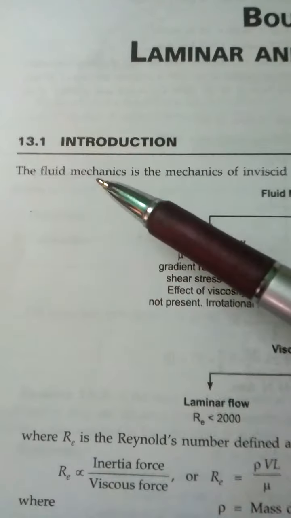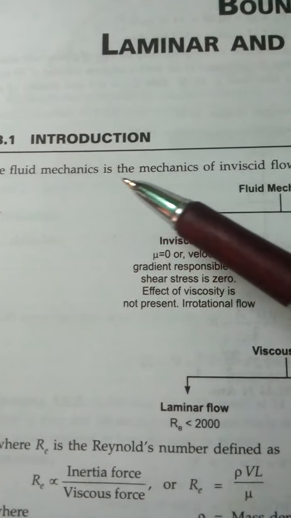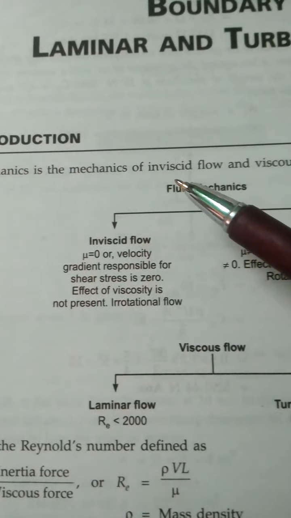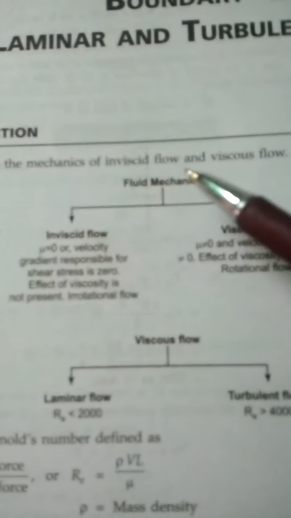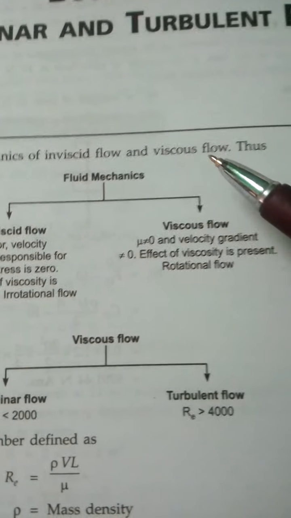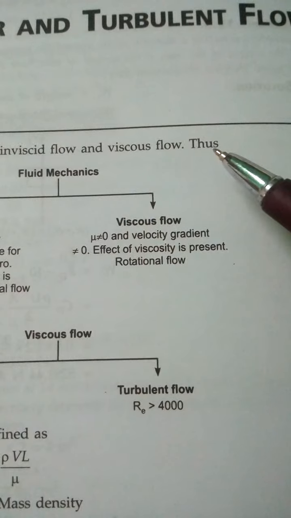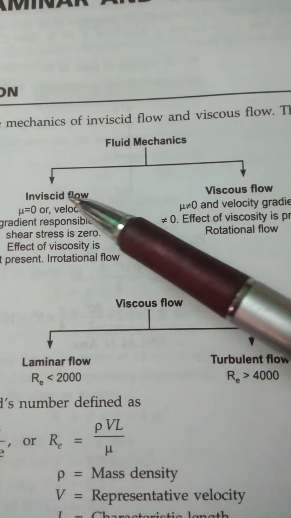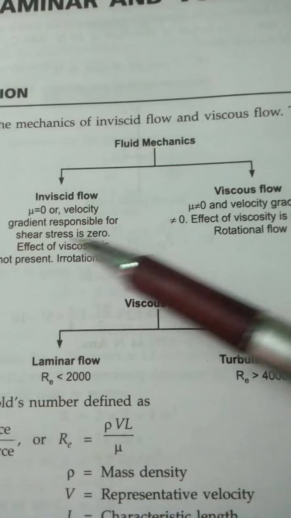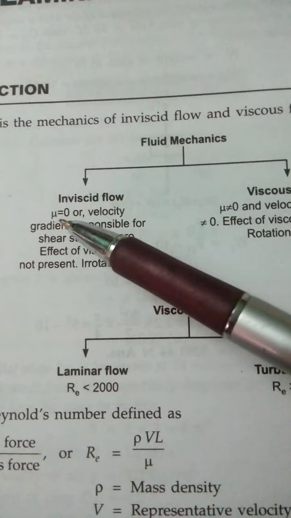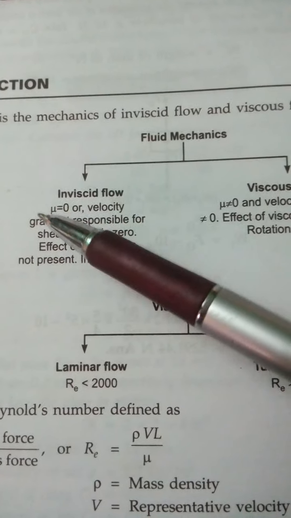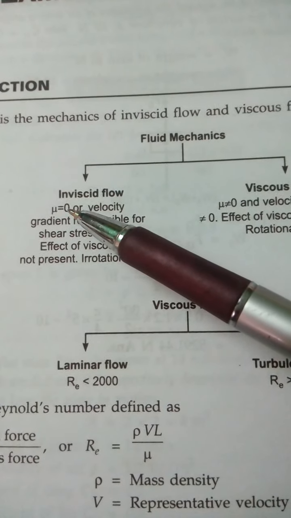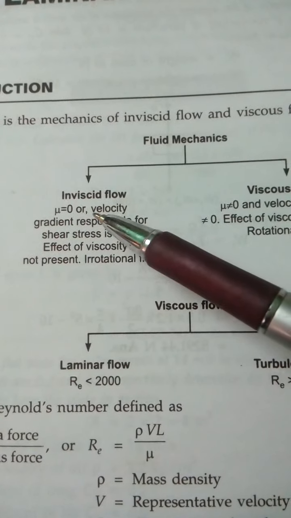Fluid mechanics is the mechanics of inviscid flow and viscous flow. Thus, fluid mechanics has two parts: inviscid flow and viscous flow. Inviscid flow means mu not equal to 0. You know what is mu. The dynamic viscosity is equal to 0 here, no viscous flow.